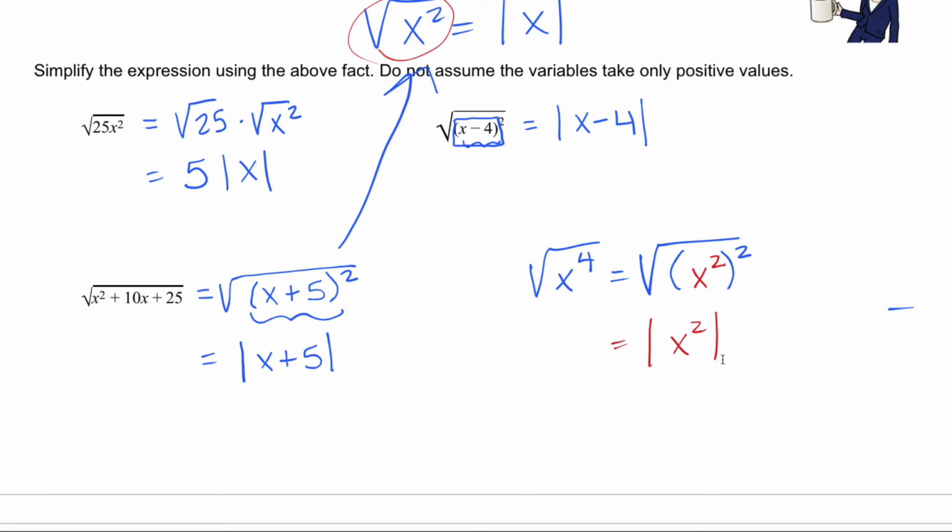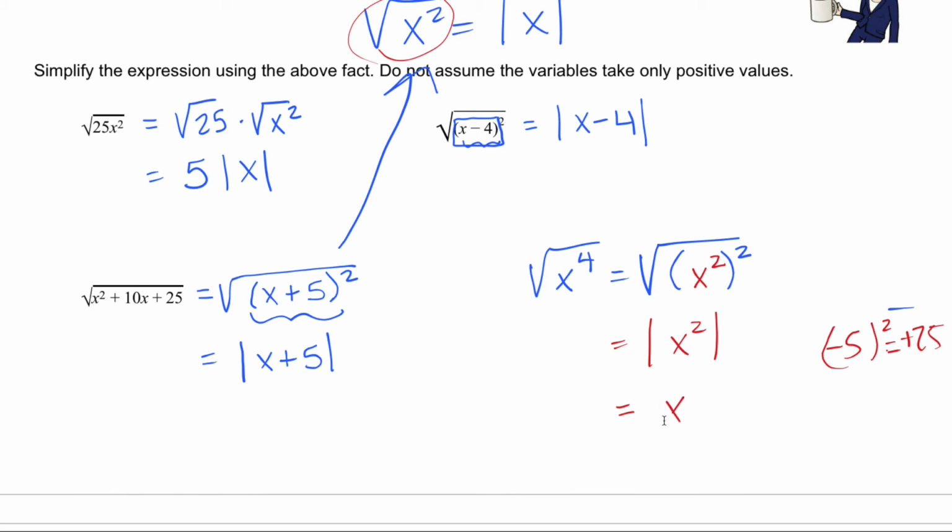So let me ask, we have one more step. Can x squared ever be negative? Can you square a number and end up with a negative number? If you square a negative, let's say you square -5, that's going to be positive 25. The absolute value of x squared is never negative, so those absolute value bars are redundant.